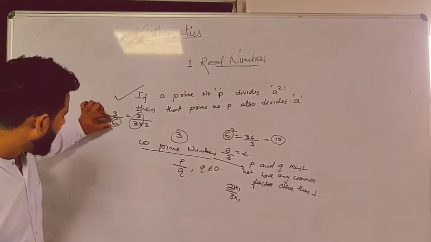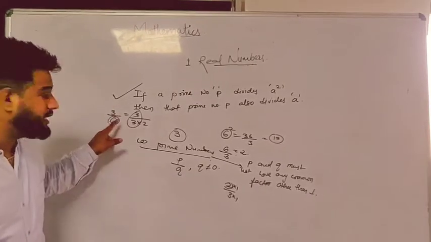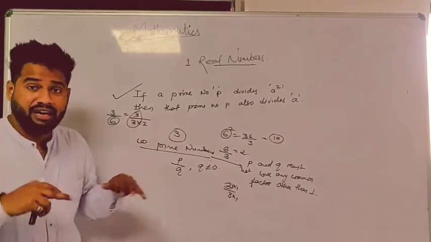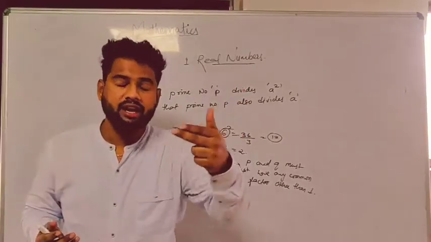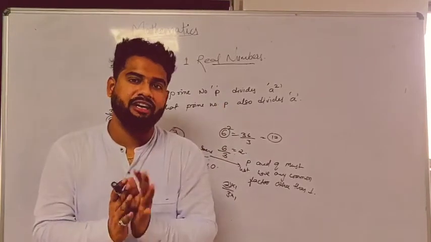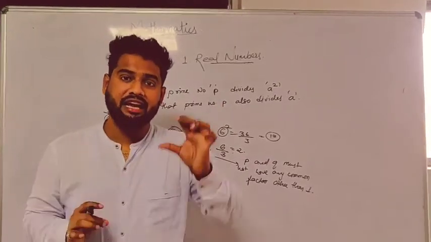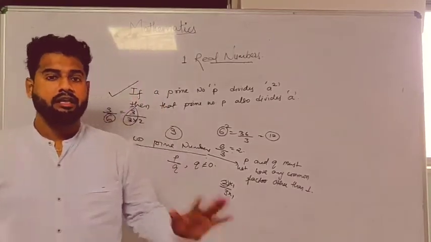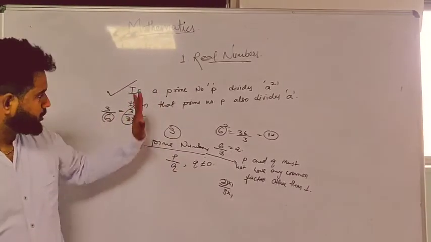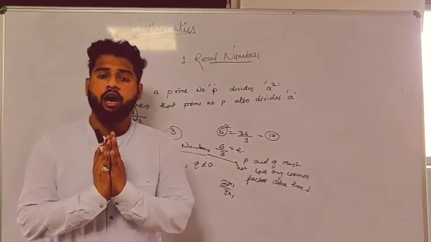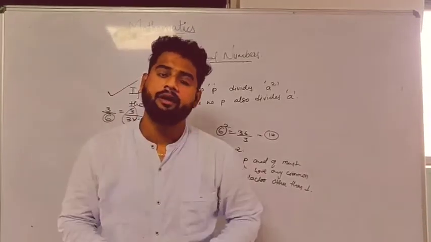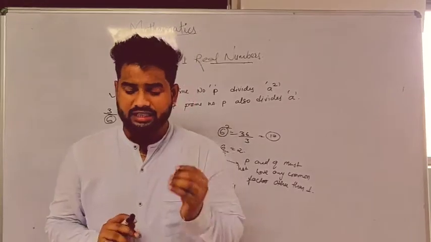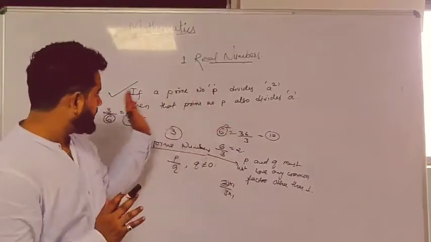The numerator and denominator should have only 1 as common factor. Then and only then can those 2 numbers be called co-prime numbers. These two things you have to remember. These two theorems you have to understand in order to prove any number as an irrational number, right? Okay, so let us start by considering all this theory.